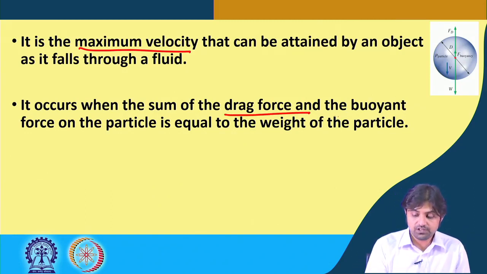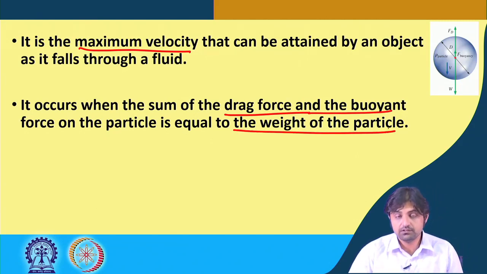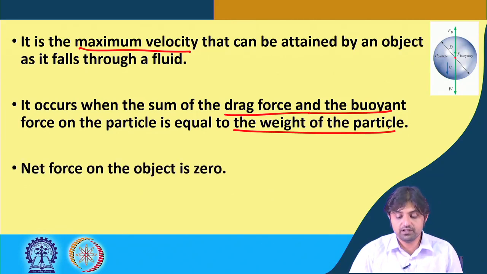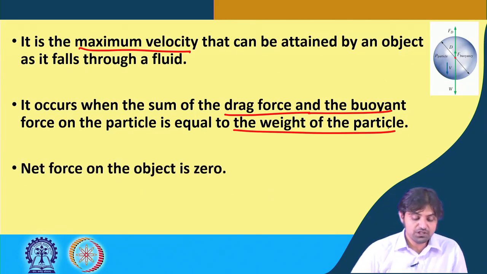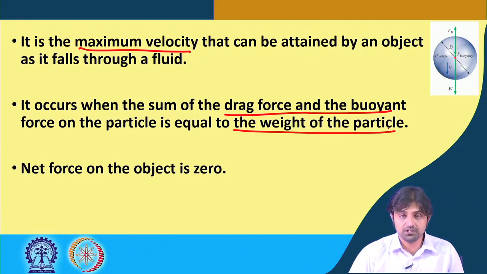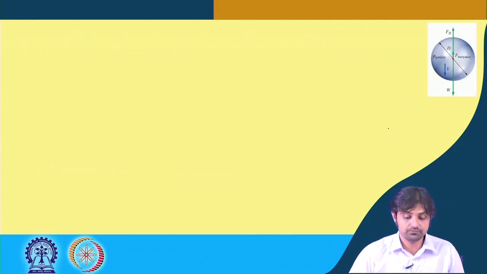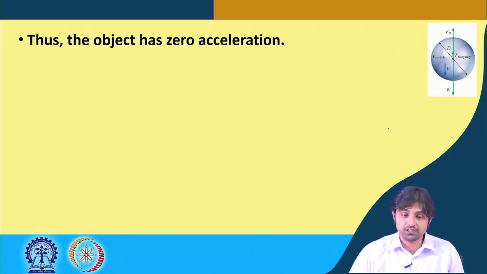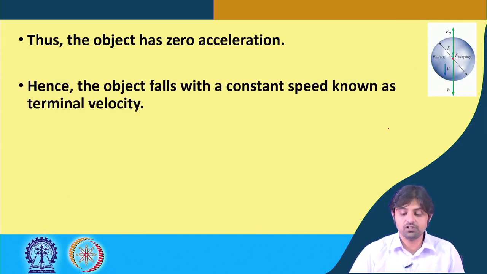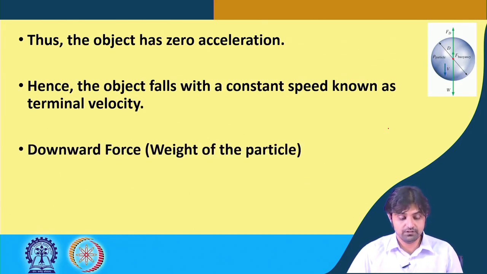The drag force and the buoyant force on the particle is equal to the weight of the particle, because both drag force and buoyant force will try to take it upward and weight will try to bring it downward. Therefore, the net force on this sphere is 0. Thus, the object has 0 acceleration, hence it falls with a constant speed known as terminal velocity. This phenomenon is what results in a sphere having a terminal velocity in a fluid.